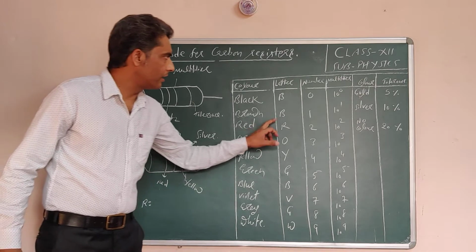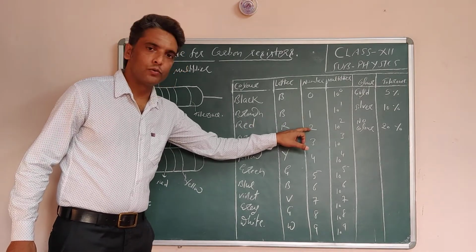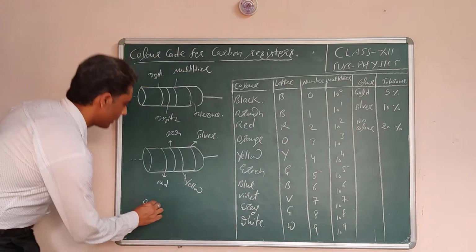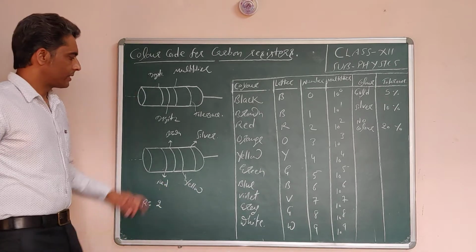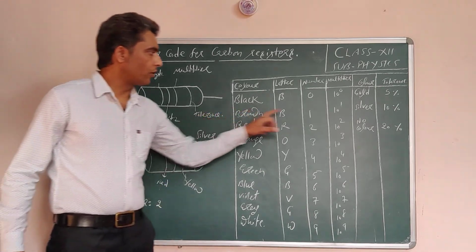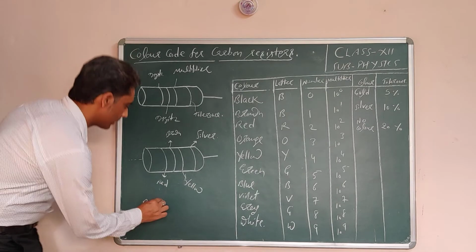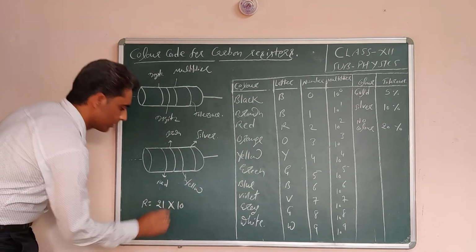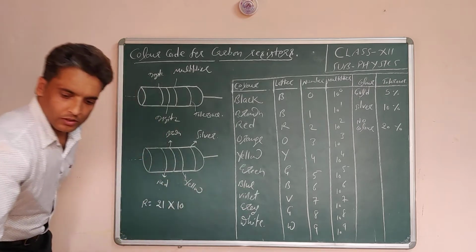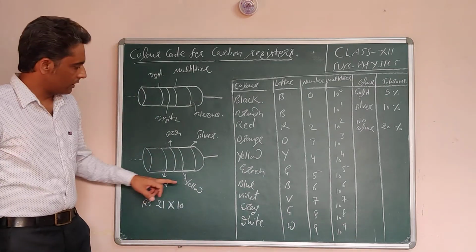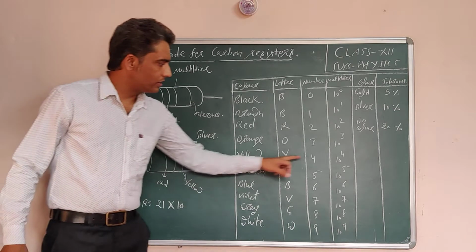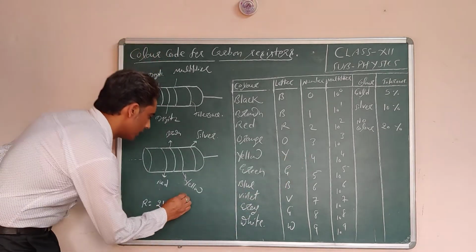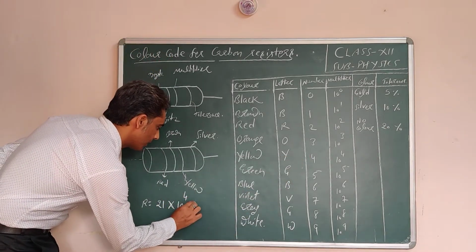The number used for red is 2, so we write here 2. The second color is brown and the number for brown is 1. So write here 1 into 10 raised to power. Now the third color is yellow and the number for yellow is 4. So I write here 4, plus minus.